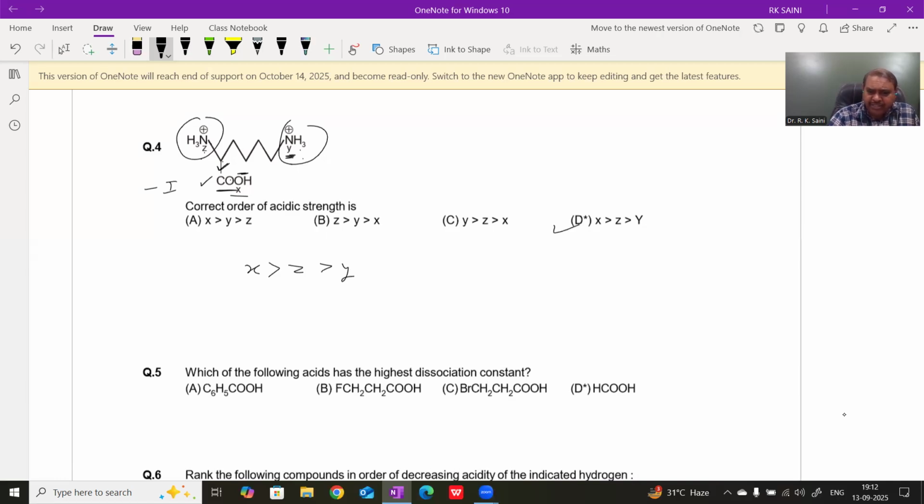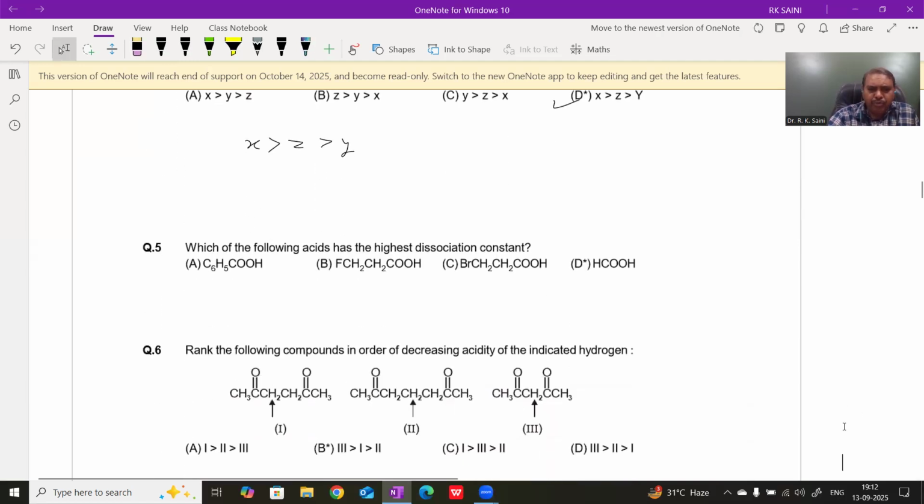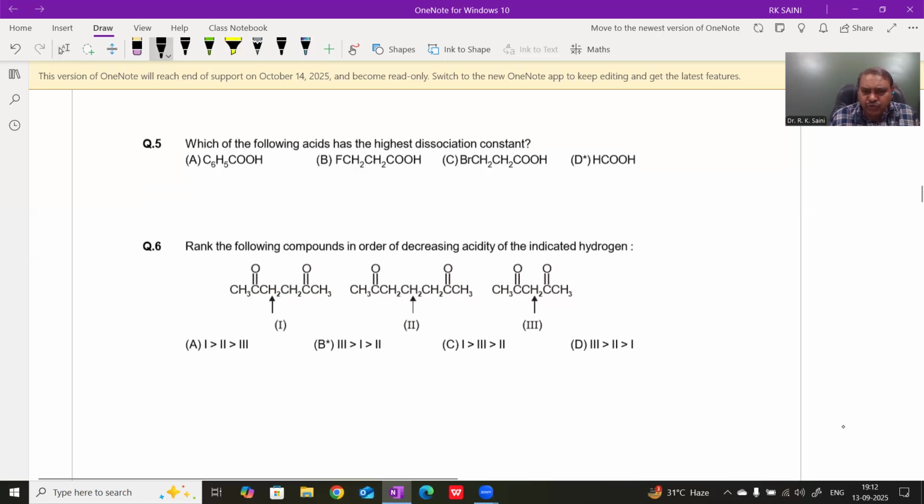D option. Next question. It is also an important question. Which of the following acids has the higher dissociation constant? Check the options. This is benzoic acid. First, benzoic acid is a weaker acid than formic acid. Reason?